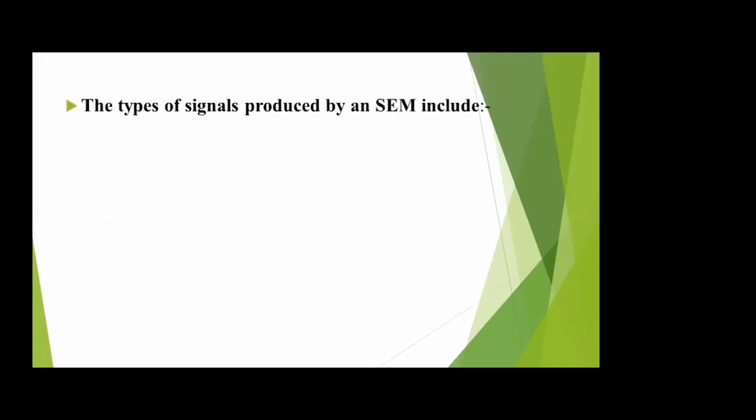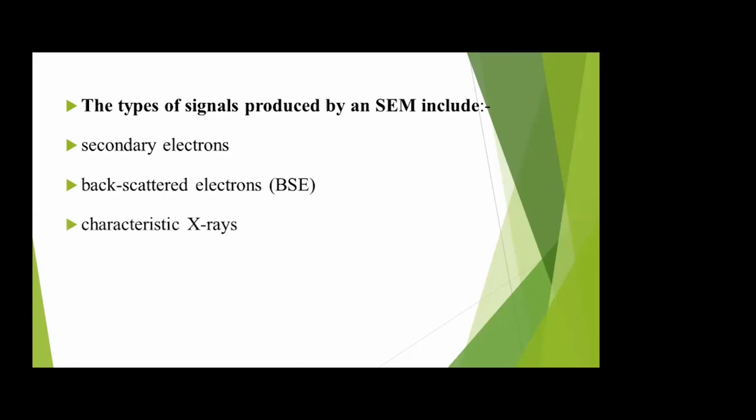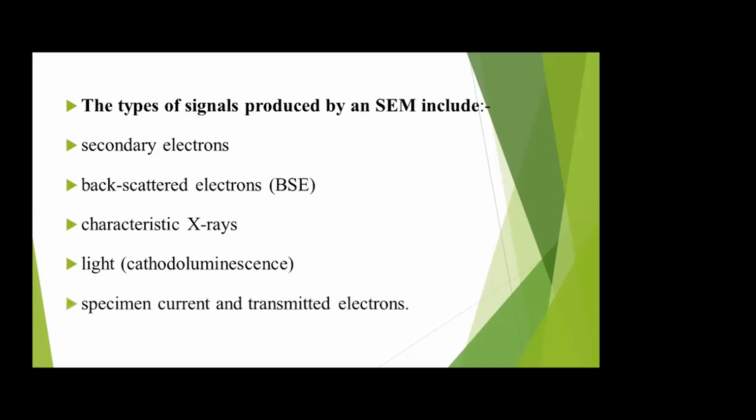When this electron beam interacts with the sample, the types of signals produced by an SEM include secondary electrons, backscattered electrons, characteristic X-rays, light, that is called cathodoluminescence, specimen current, and transmitted electrons.